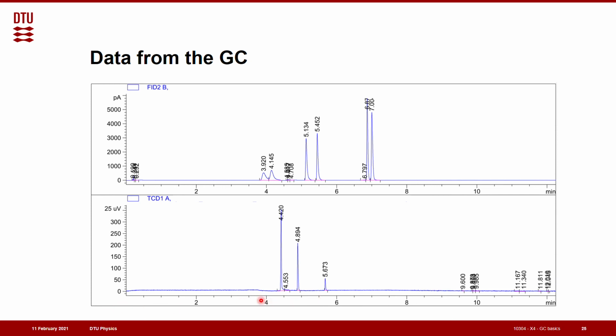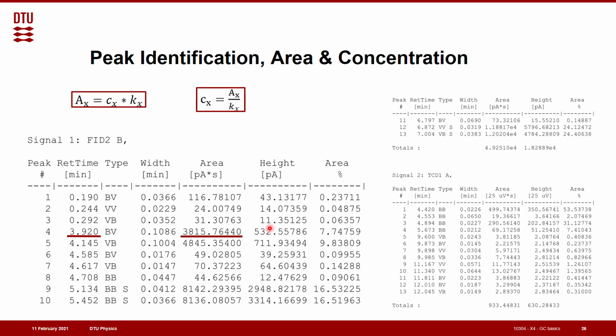So this is a time scale, and as the products get through the column, they are being detected, and the amount of sample is given by the area of the peaks. And you can see here we have various peaks, and then we set the GC to integrate all of the peaks, and it creates long lists.